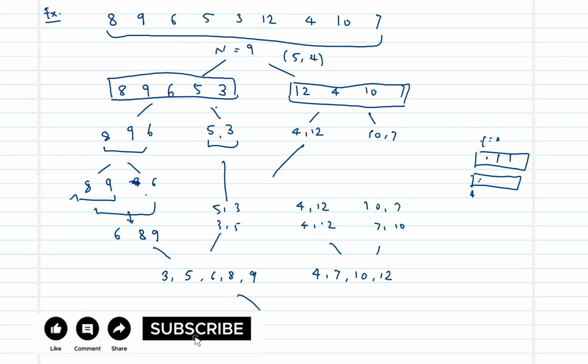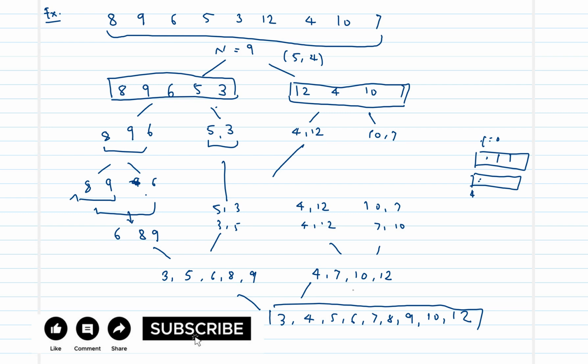Now I will be merging these two arrays, which will be again 3, 4, 5, 6, 7, 8, 9, then 10 and 12. So this is our sorted array with the merge sort technique.